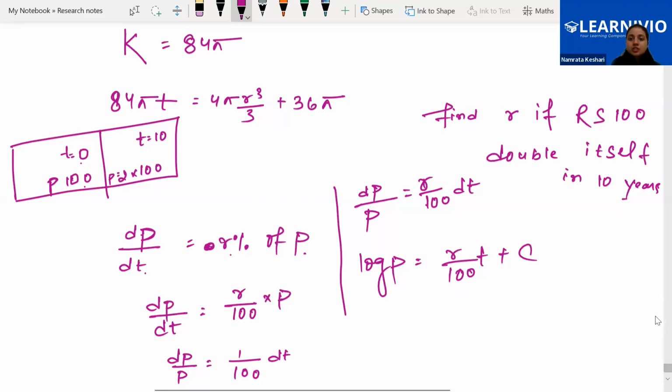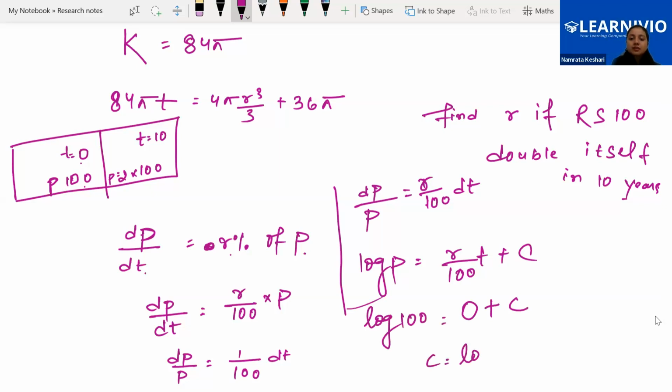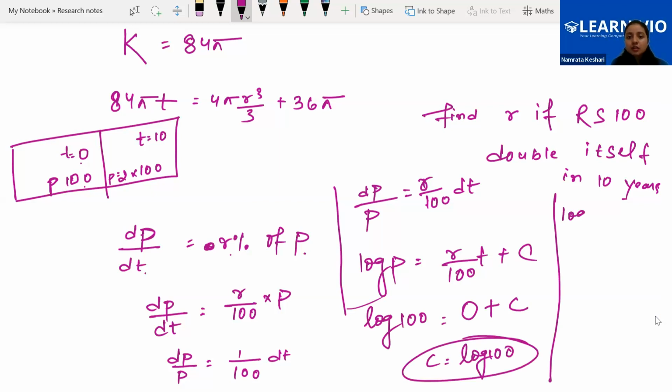So when t is 0, that means this is completely 0 plus C, that means log 100. C we are getting log 100, right? Let's keep it as it is. Now next, we will be substituting it in our solution. That is log P is equal to R by 100 into t plus, in the place of C, now I'm going to write log 100.